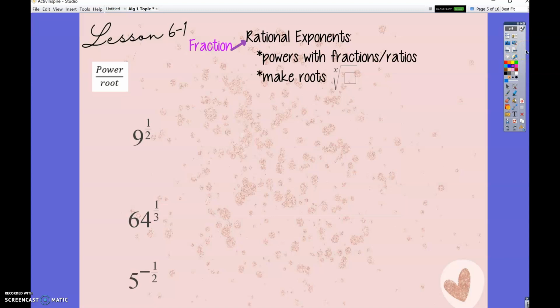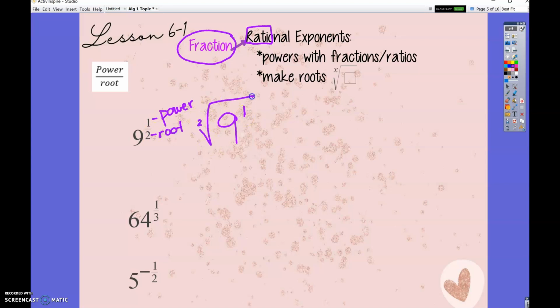Finally, whenever you have a number to an exponent that is rational, one thing is rational means like a fraction or a ratio. So it's a fraction. These are powers with fractions, and they make square roots, or any kind of root really. So when we say 9 to the half, I like to remember this phrase. You have the power over the root. This is my power of 9, so I'd want 9 to the first power. And this is my root that I want to take.